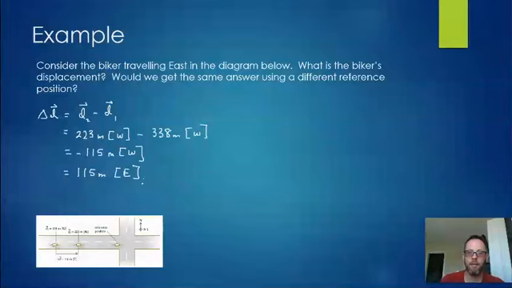So let's actually answer the question, what would we get if we used a different reference position? So instead, what if I used the biker's initial position as our reference position? So how would this change? Would it change the answer at all?